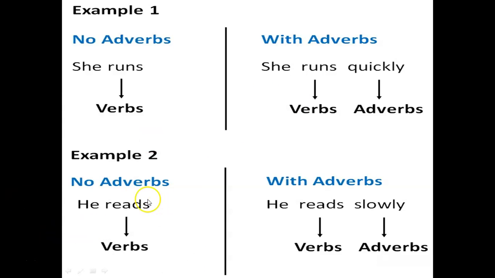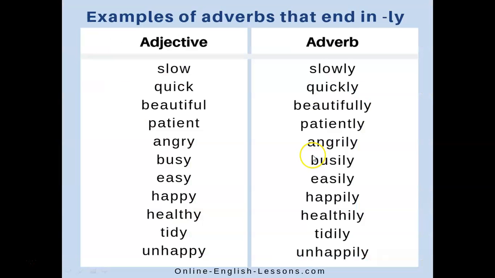Here we go. He reads. He reads how? Slowly. Remember, we're not calling him slow. How he's reading is slow. Slowly describes the verb. Now, we had all these different adverbs that end in ly. We talked about the difference between adjectives and adverbs.